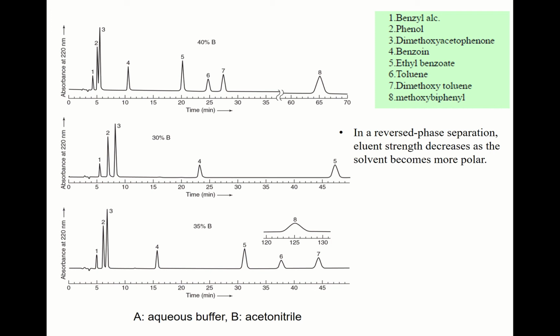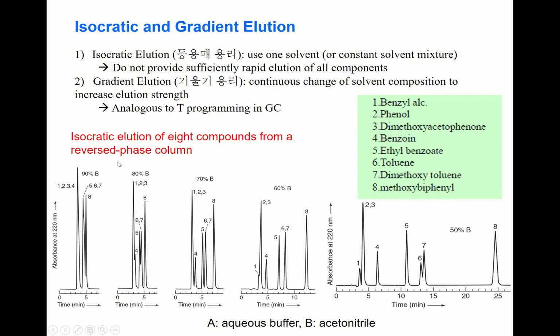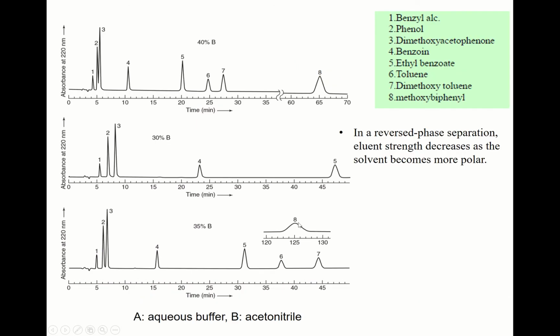So from here we know that with isocratic elution, separation may be done, but it takes a longer time. More than 2 hours analysis time is not acceptable. You need a fast separation with good resolution. So what can we do?